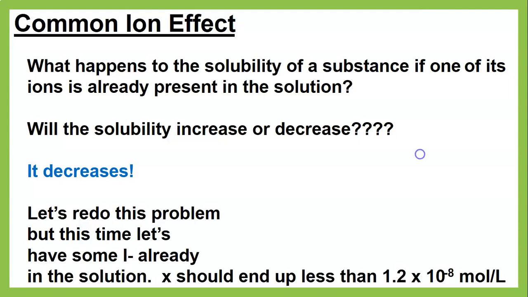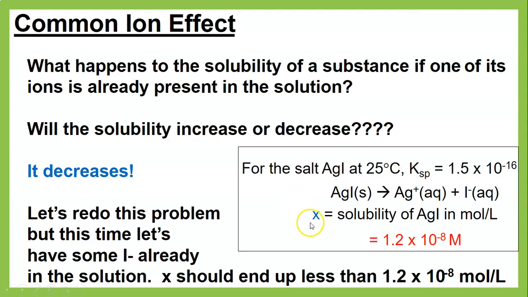So let's take the exact same problem we just did with our silver iodide. We have our Ksp. We know how much can dissolve. And let's put some iodide already in our container. And let's see if our 1.2 times 10 to the minus 8, if our solubility ends up greater or less than.